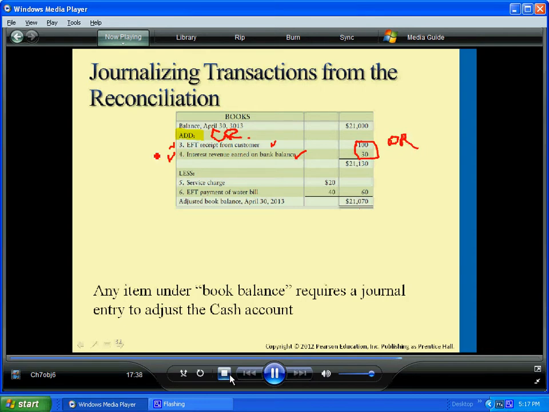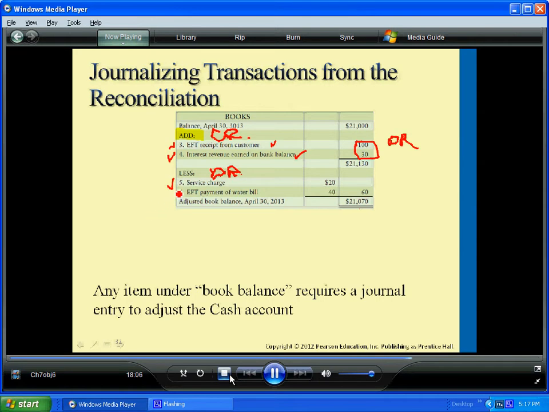Down at the bottom, we are going to debit these items. Why? Because these are expenses. I might debit a miscellaneous expense for the service charge of $20, and I might debit the water utility expense for $40.